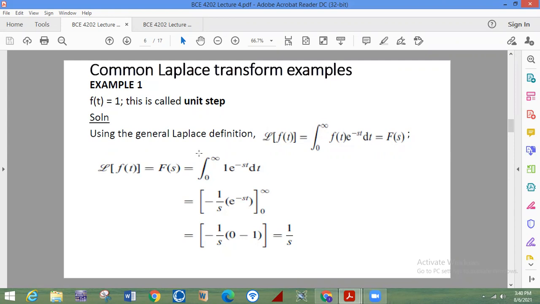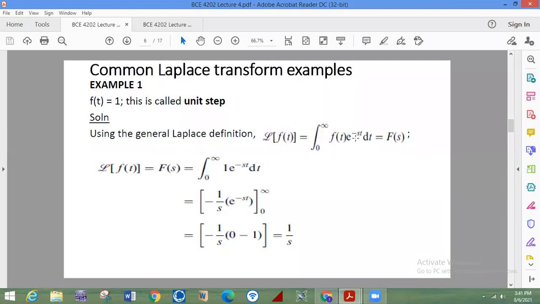From the knowledge of the general Laplace transform equation, we should be able to come to this conclusion that the Laplace transform of the unit step is 1 over s. How? I think it's not so hard. Our function of time is equal to 1. So from the general equation, we shall replace this f(t) with 1.